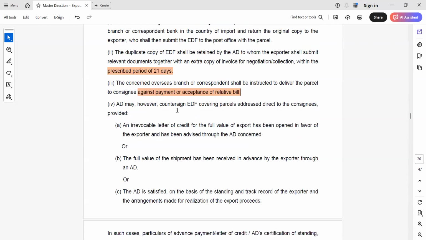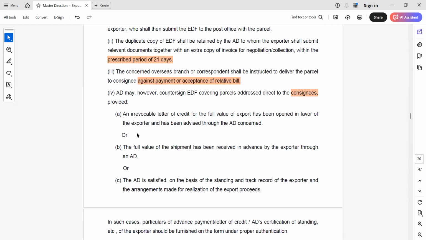So the AD may, however, countersign the EDF covering a parcel addressed directly to the consignee. So directly that can go to the consignee also. And in that, these conditions are there. An irrevocable letter of credit for the full value of export has been opened in favor of the exporter and has been advised through the AD concerned.